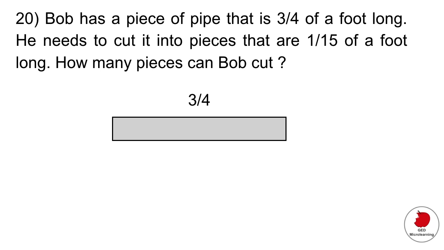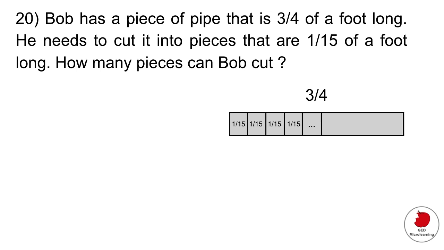It's 3/4 of a foot long, and they're telling us that he can cut it into different pieces that are 1/15 long. So we have to find out how many pieces this is. So we would divide 3/4 divided by 1/15, and that's going to tell us how many pieces he can cut.